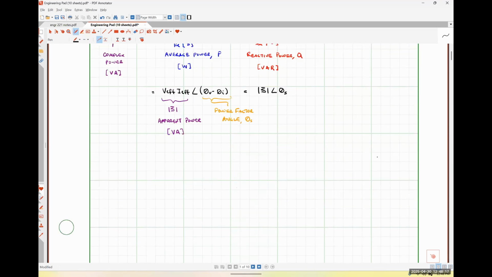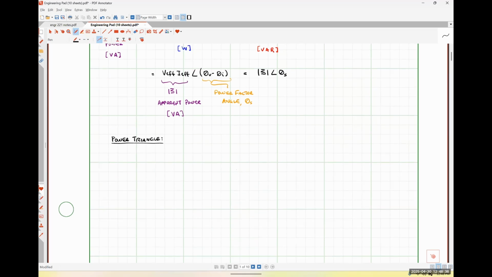So let's talk about our power triangle really quickly. Okay. So the power triangle is a simple graphical representation of the complex power that is absorbed by a particular load or supplied by a particular source, okay?